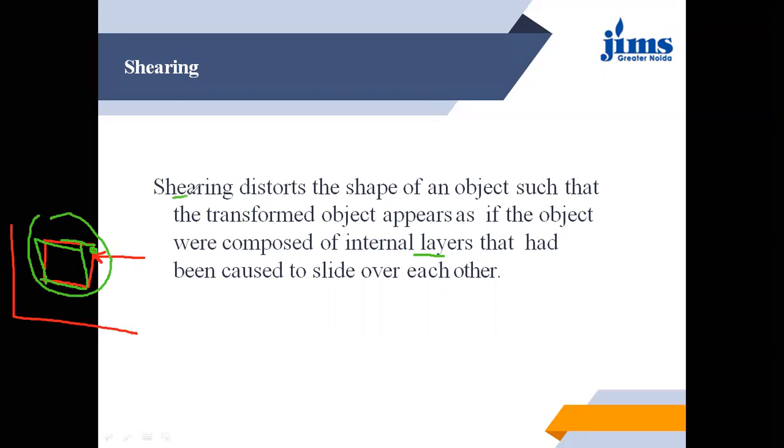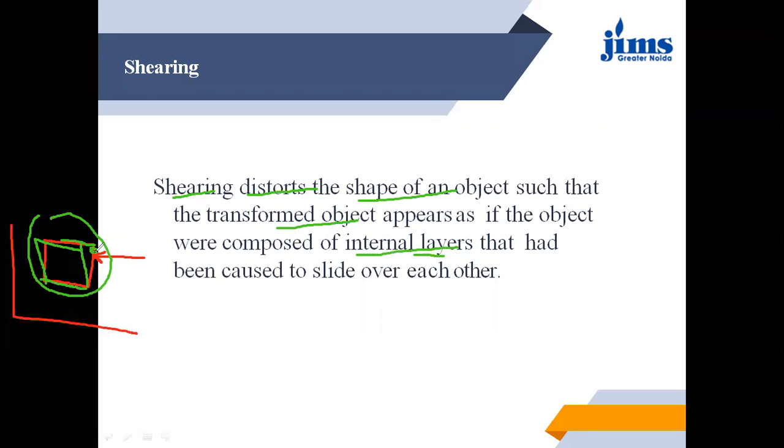So in shearing, it distorts the shape of an object such that the transformed object appears as if the object were composed of internal layers.